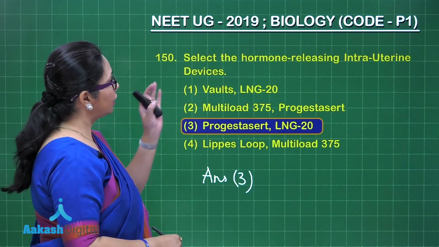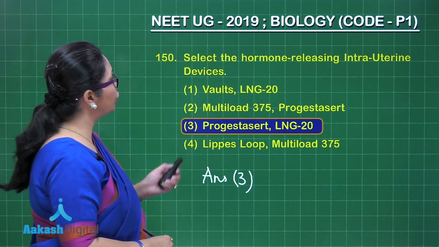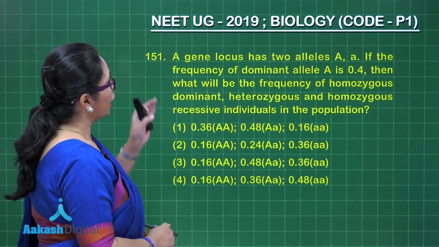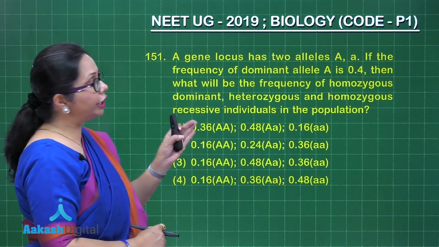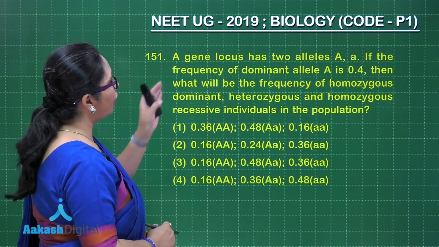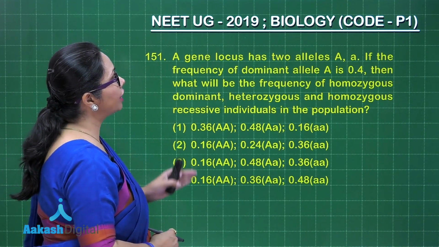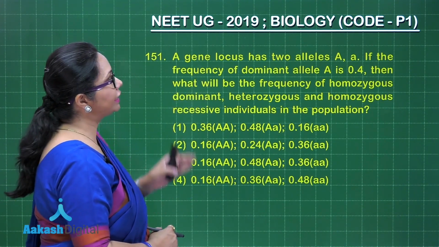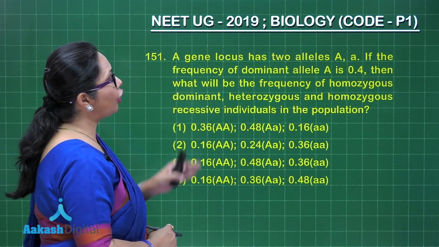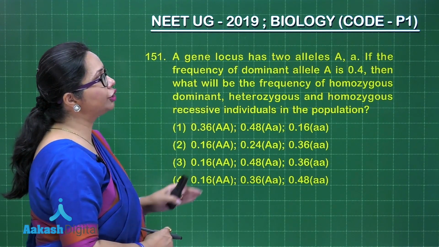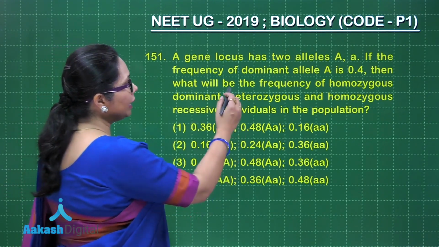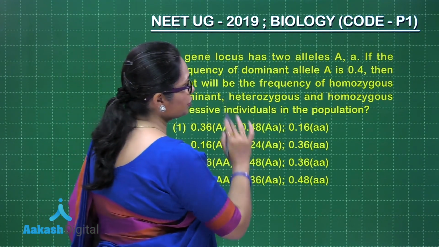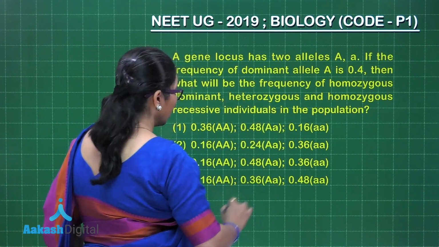Now after this question, let us move to the next one, and that is question 151. Now this is a question from the Hardy-Weinberg equilibrium, where it is given a gene locus has two alleles, the dominant A and the recessive a. If the frequency of dominant allele A is 0.4. Now dominant allele, according to Hardy-Weinberg principle, is written with a p.